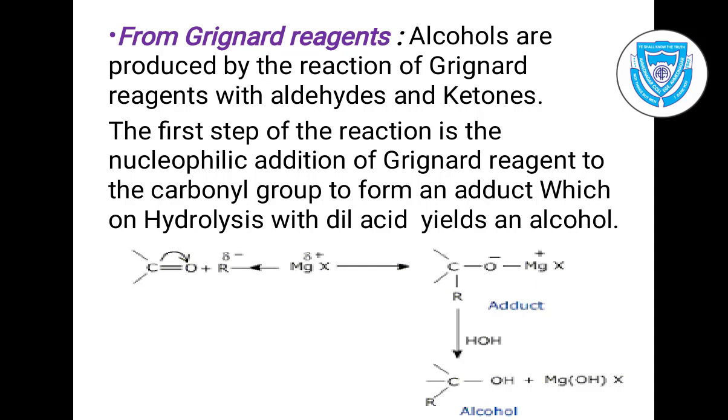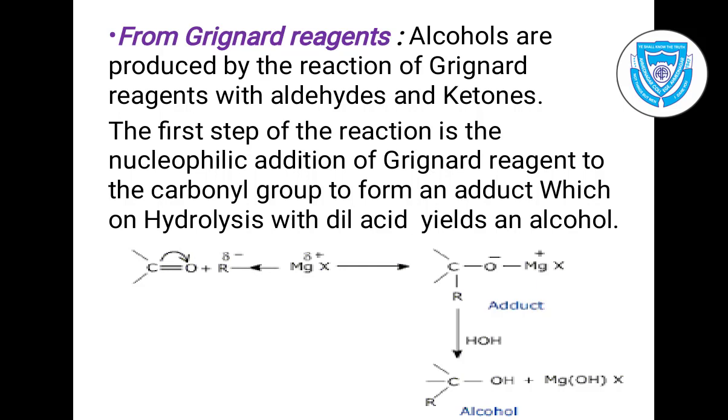The first step of the reaction is the nucleophilic addition of Grignard's reagent to the carbonyl group. For example, this R, which is negative, will go and attach to this carbon, right? So in this structure you can see R attaches to the carbon atom, and the remaining MgX forms an adduct.